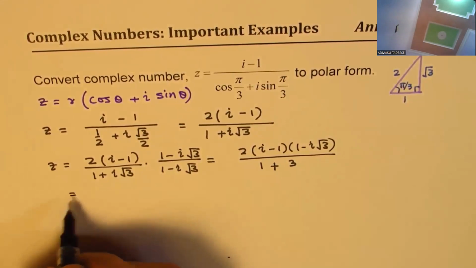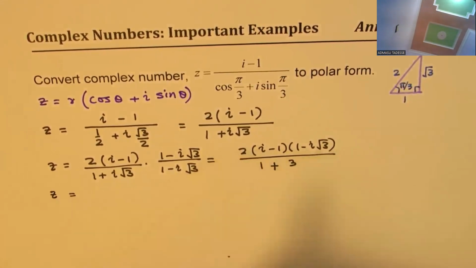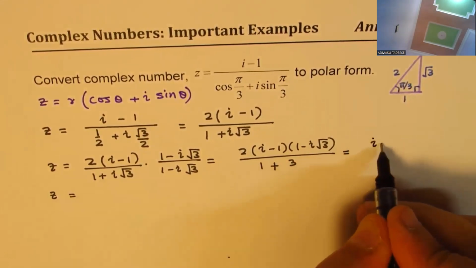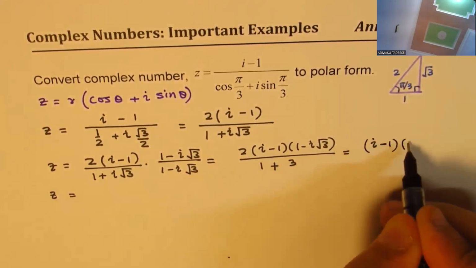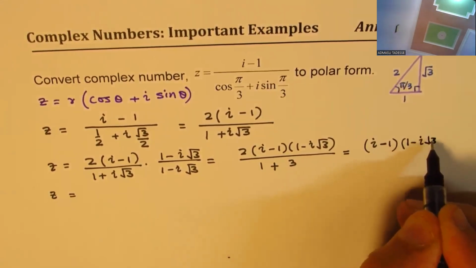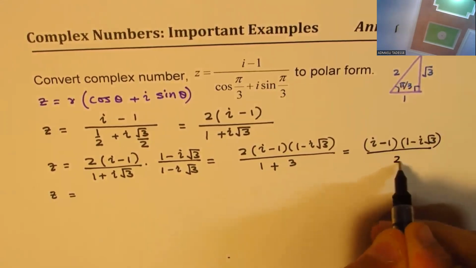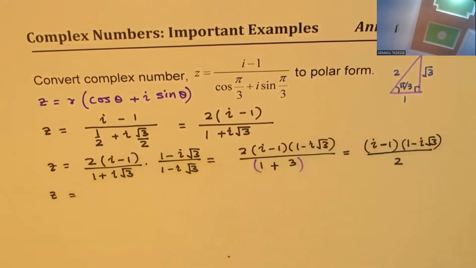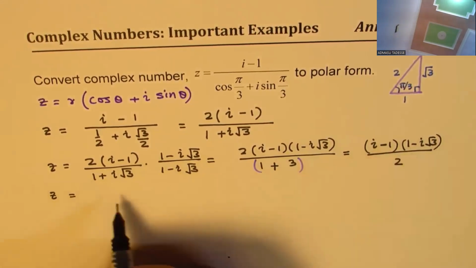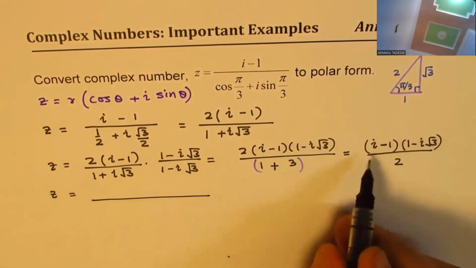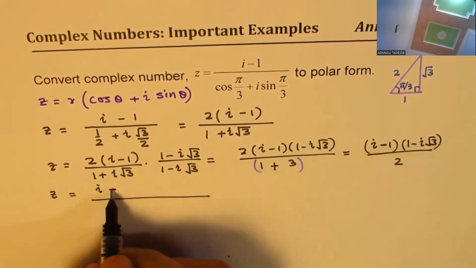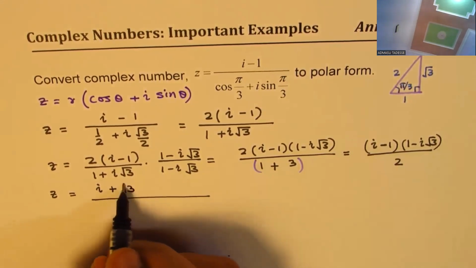We can now multiply these terms. That is 4, so let me write this as (i minus 1) times (1 minus i square root 3) over 2, since 2 goes into 4 two times. Let's expand this now. In the numerator, we have i, minus i squared makes it plus square root 3.